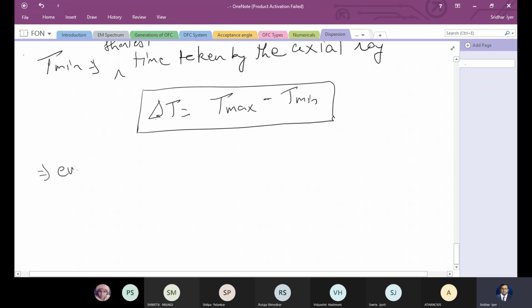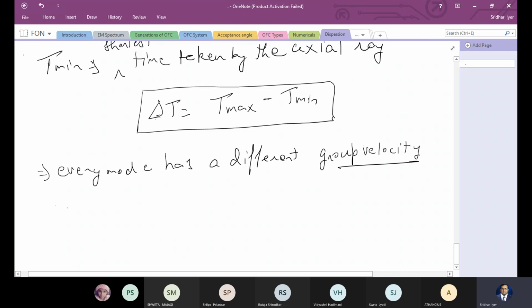So every mode has what is known as the group velocity at a single frequency. So this group velocity is required more to discuss material and waveguide dispersion, that is the intramodal dispersion.